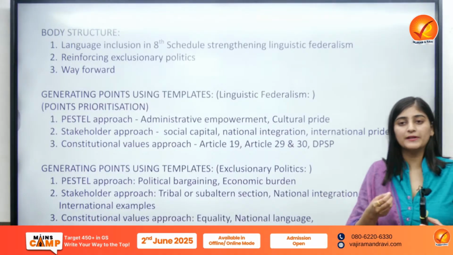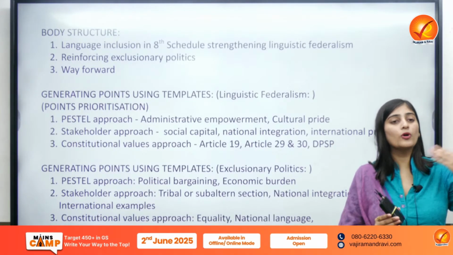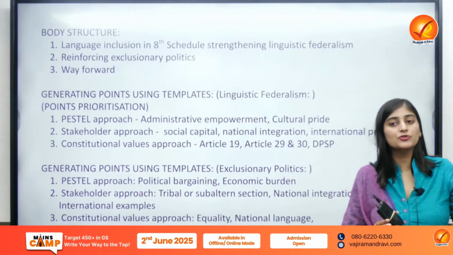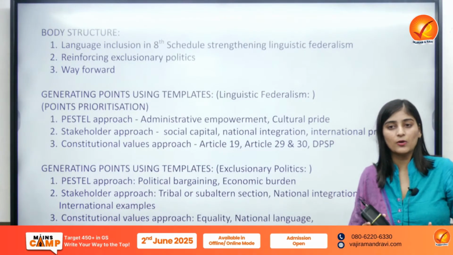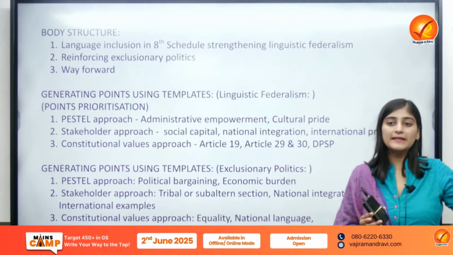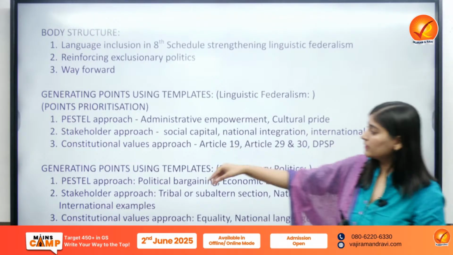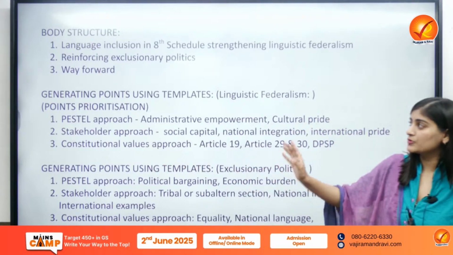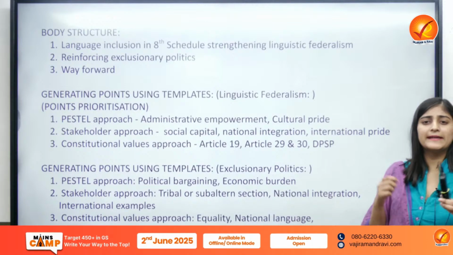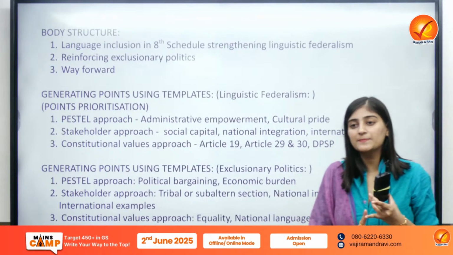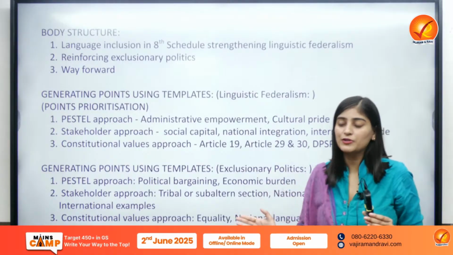Any language from India, Telugu, Tamil, or Assamese, if it is spoken and recognized at international level, it is not only pride for those sections of the society, but for the whole country, that a language from our country is being recognized at international level. So here is where the international role plays. Thirdly, again, constitutional values approach. You can link these to Article 19, freedom of speech and expression, creating liberties, freedom of speech and expression in not only a particular language, but in any language one can wish for.